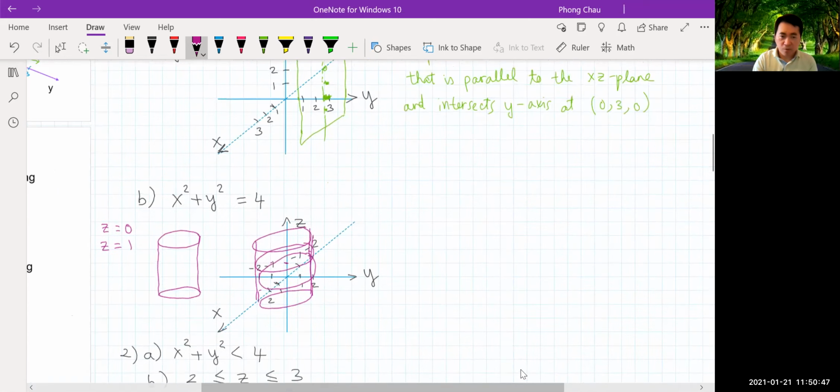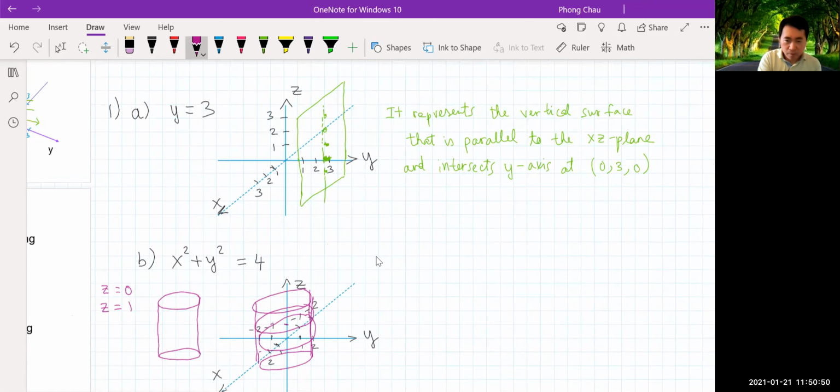So here's my description. For B, it represents the cylinder with radius 2 and the z-axis as the axis.